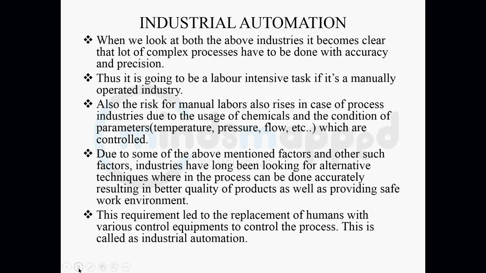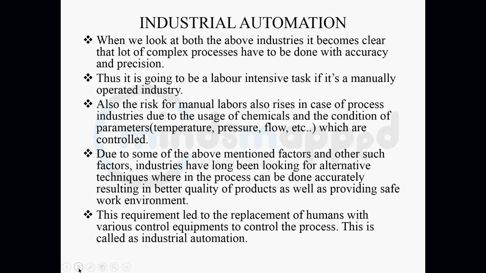So when we look at both the above industries, it becomes clear that a lot of complex processes have to be done with accuracy and precision in obtaining the finished products. It is going to be a labor-intensive task if it's manually operated. Also, the risk increases when manual labor is in the vicinity of production.